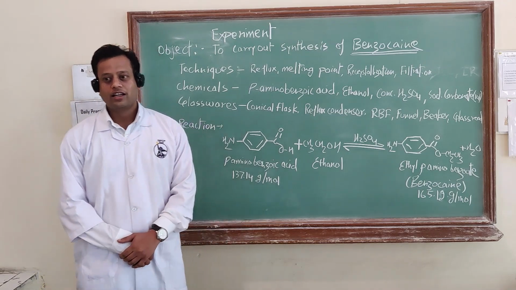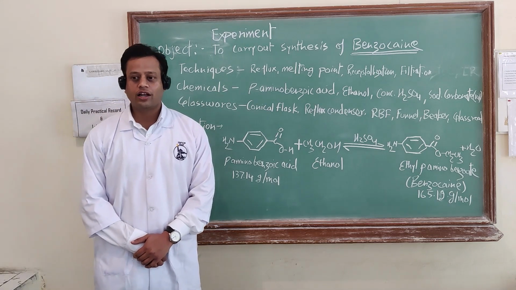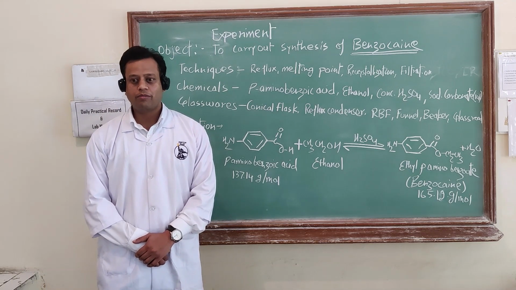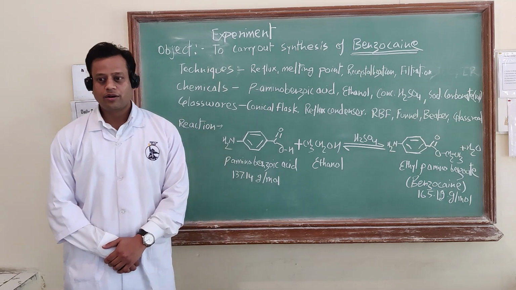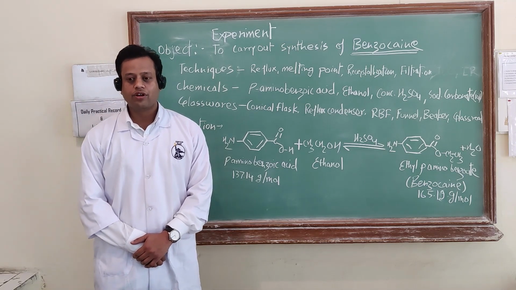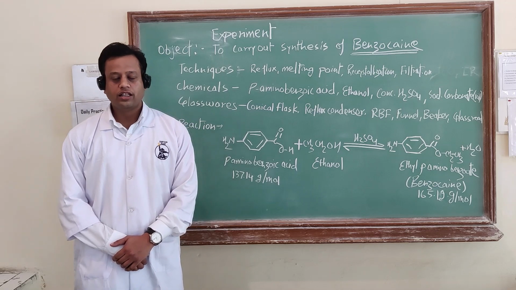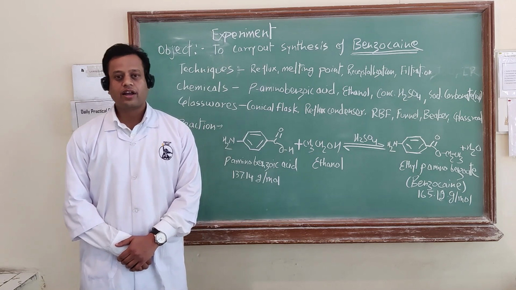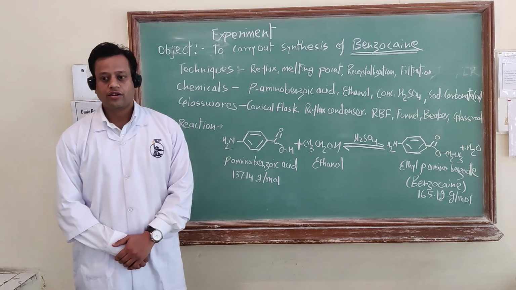So benzocaine is the trade name for the local anesthetic known chemically as ethyl para-amino benzoate, which is found in many creams, ointments used in the treatment of pain due to sunburn, minor burn, cuts, scrapes and insect bites.